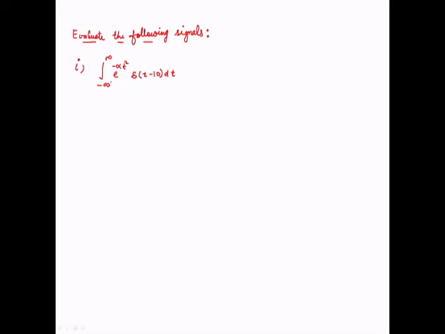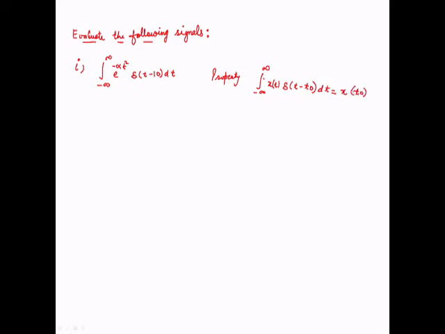Now for this we are remembering the property that integration from minus infinity to infinity x(t) delta t minus t naught with respect to time is equal to x(t naught).